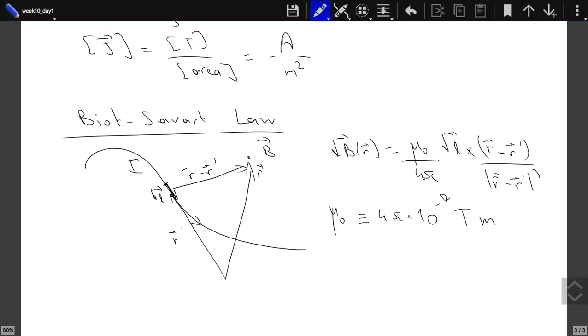By the way, this is a definition. This is exact. It basically defines what we mean by 1 Tesla. And conventionally, that coefficient is chosen to be 4 pi times 10 to the power minus 7.